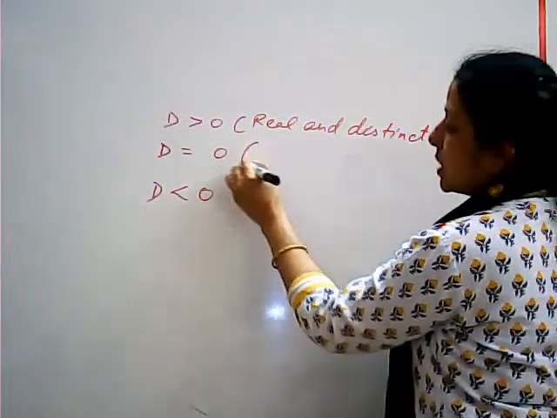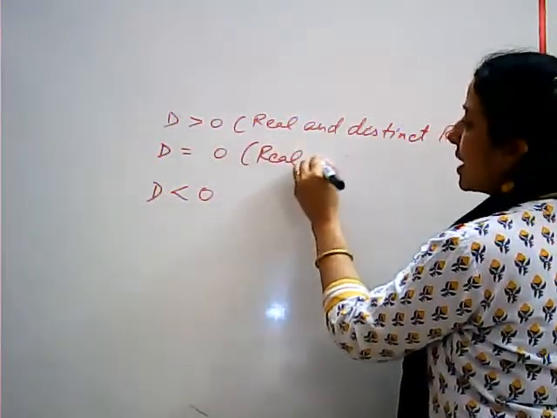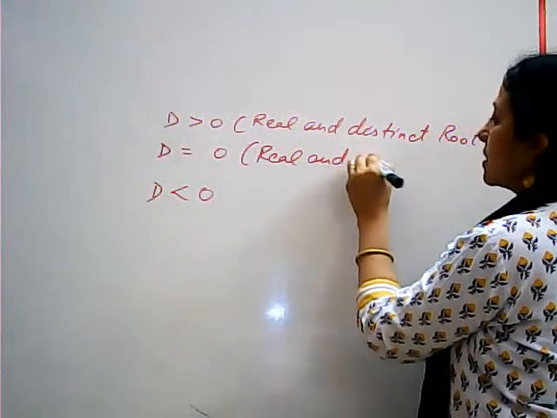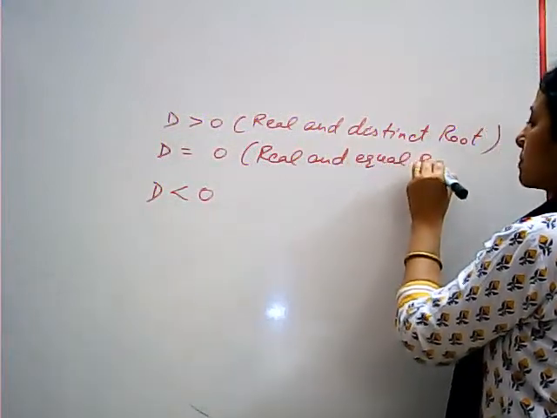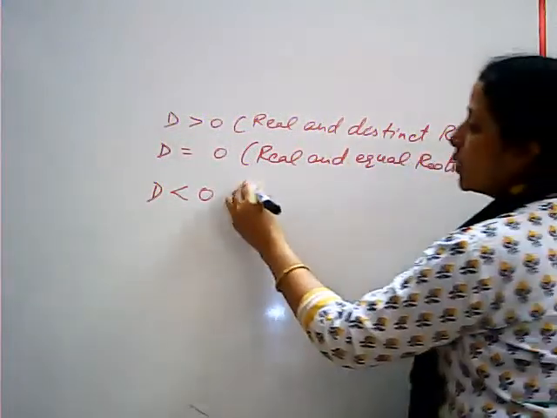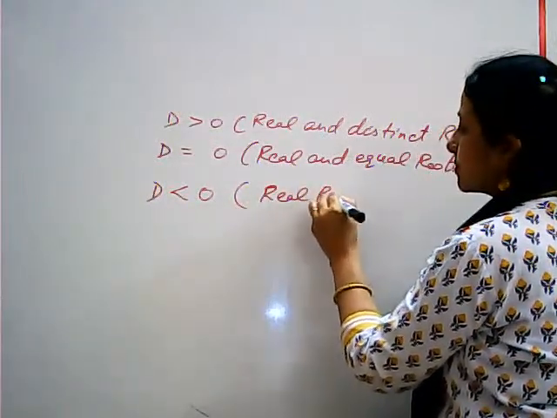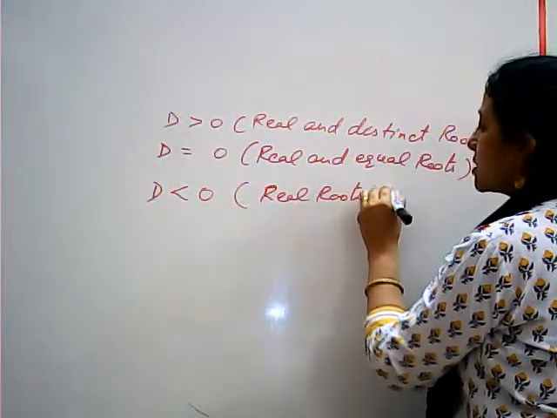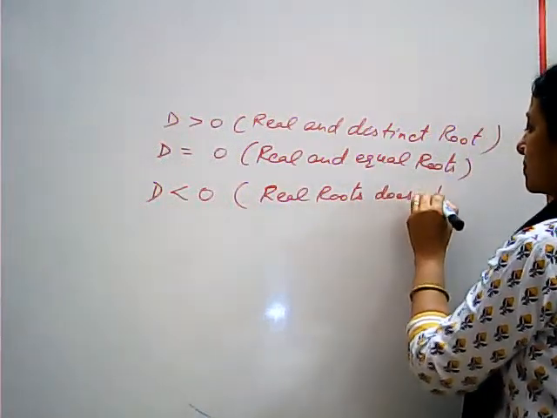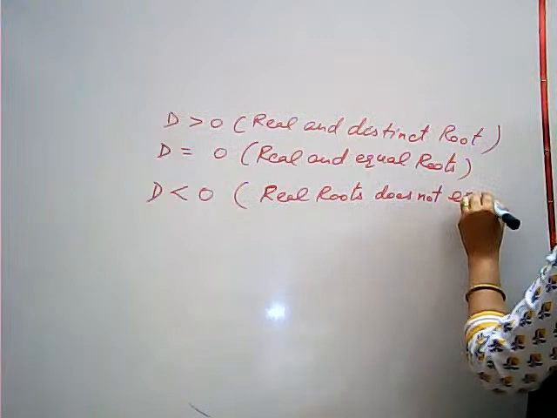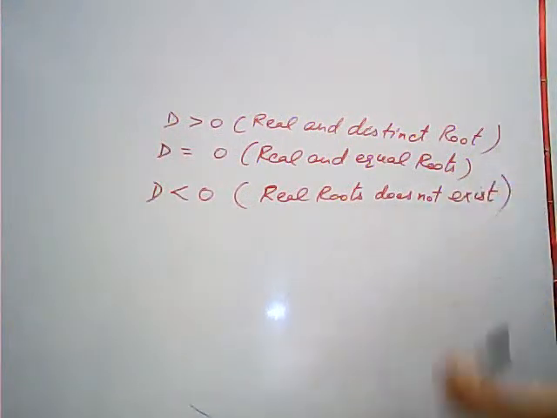Second, if it is equal to 0, we will write real and equal roots. Third one, real roots do not exist. So this is the nature of the roots.